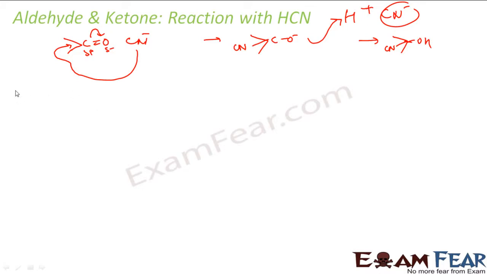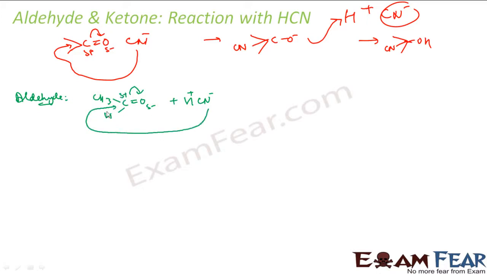So let's see for aldehyde. Let's suppose I have CH3CHO. I react with HCN, H plus, CN minus. This moves in this direction, slightly negative, slightly positive. CN minus will attack this carbon from the back. So what you get is CH3, C, with CN somewhere, H somewhere, and O minus somewhere.